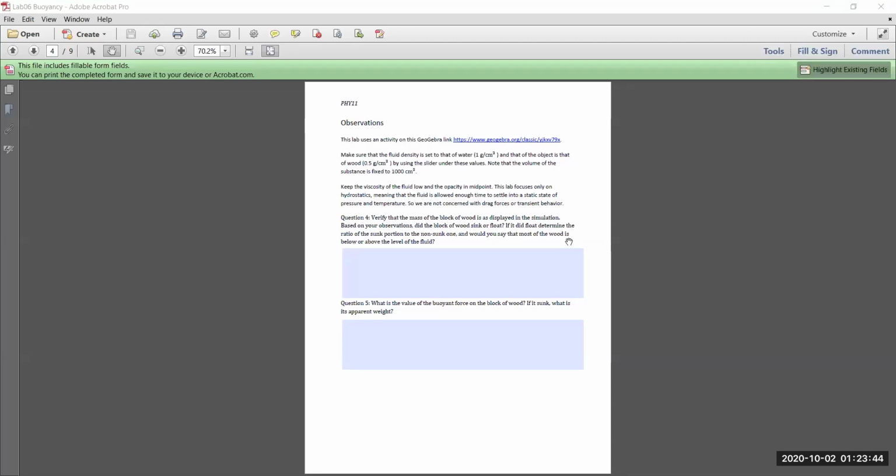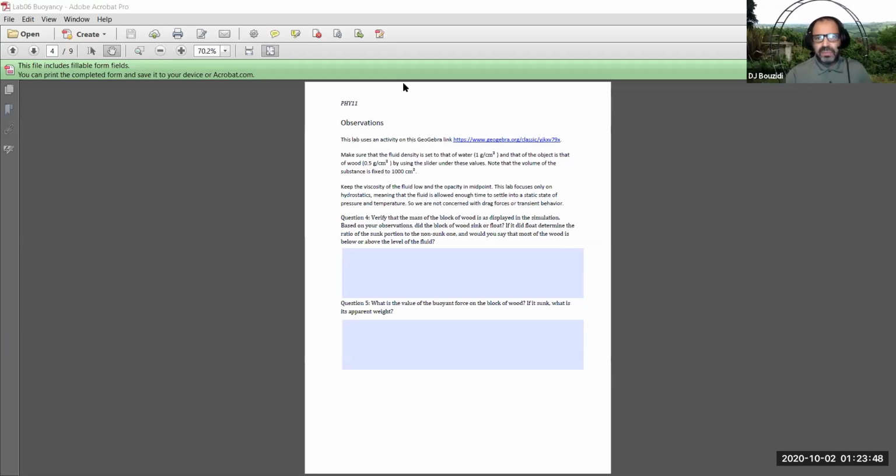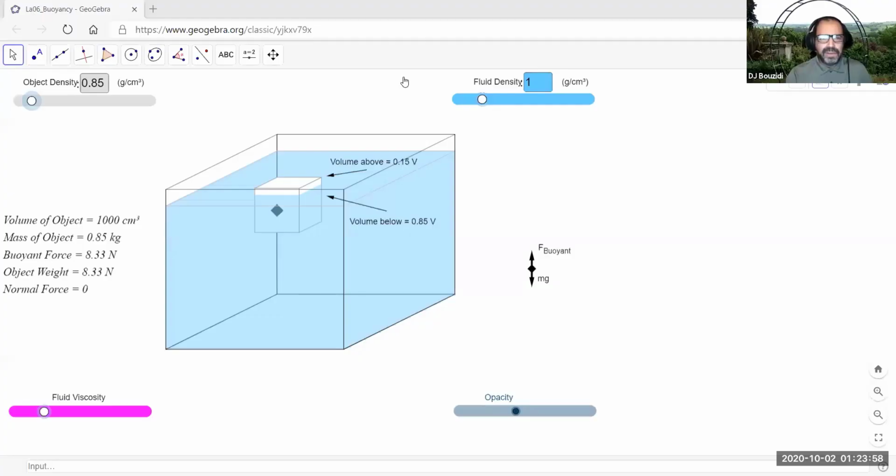Okay. Now, question 5, let's stop sharing in here. And let's go back into the activity itself. Now, in this example, the buoyant force from the reading from the table is 8.33 Newton because it's still floating, okay?